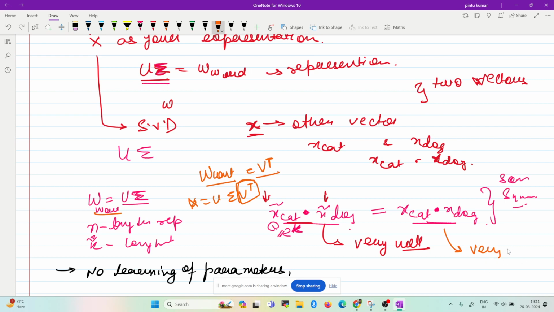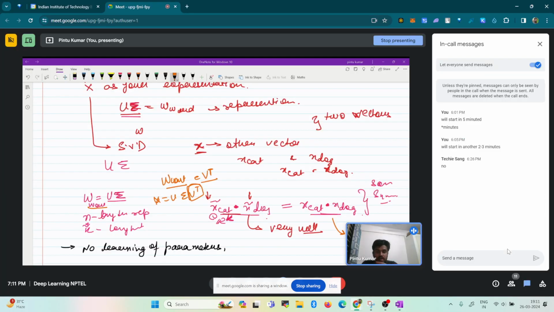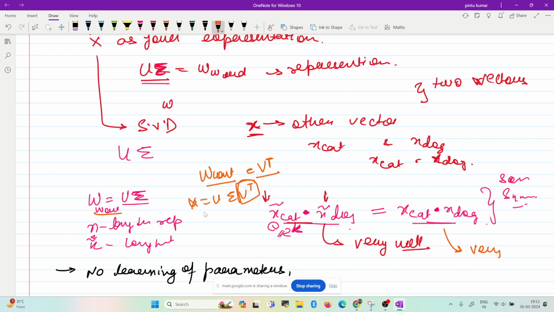I have jumped from here and there. Was I able to make this clear? Why do we stick to W word as our representation for word rather than going for the complete X matrix?